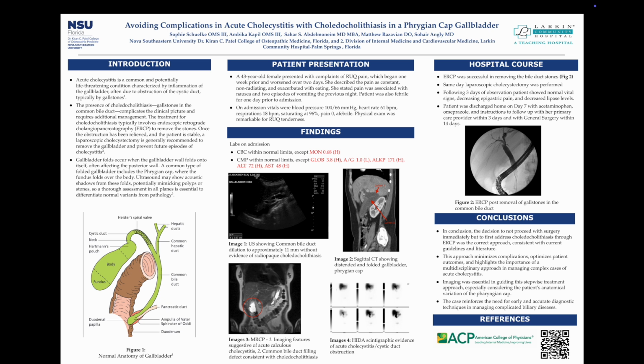Image 3 is an MRCP showing 2 things: imaging features suggestive of acute calculus cholecystitis, and a common bile duct filling defect consistent with choledocholithiasis. And image 4 is a HIDA showing evidence of acute cholecystitis or cystic duct obstruction.